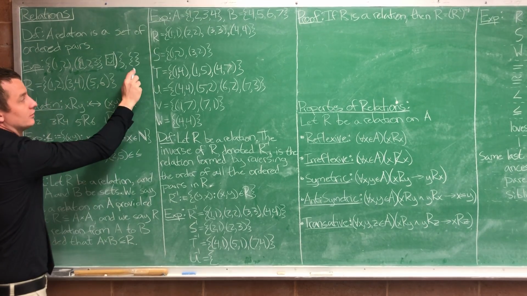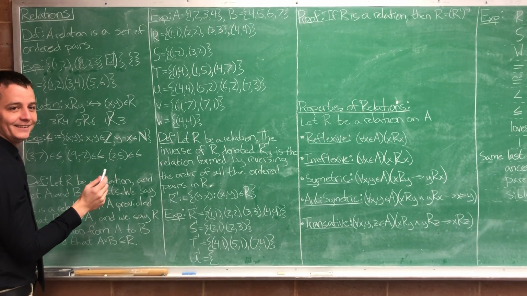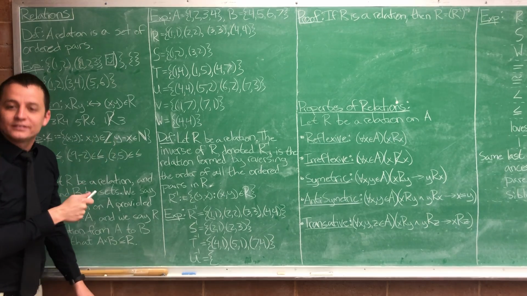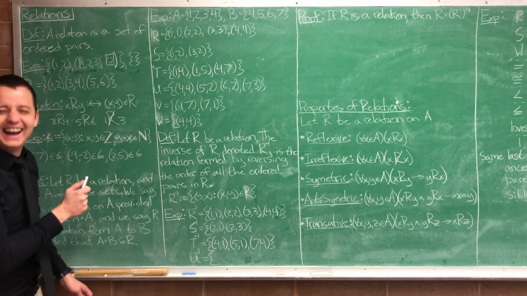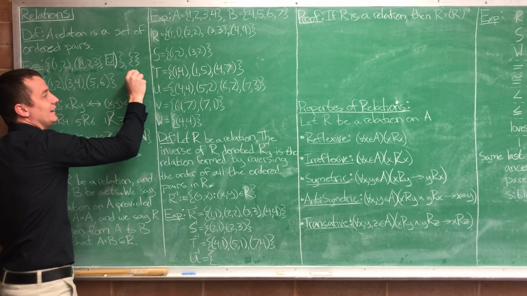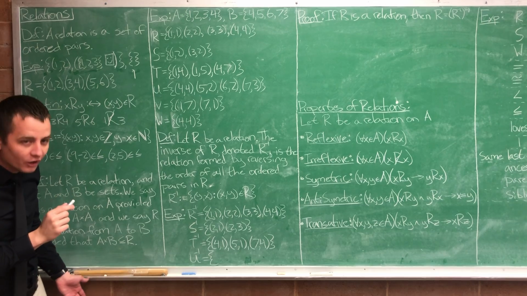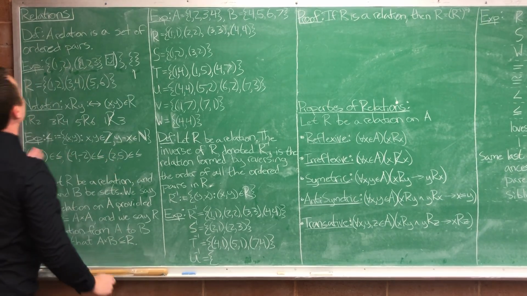Okay. Next. Is this a relation? Everything in it is a set. If everything in it is a set, can everything in it be an ordered pair? That right there. Is that a relation? No, there's no ordered pairs in there. Wait, that's not what we said. What was our definition?